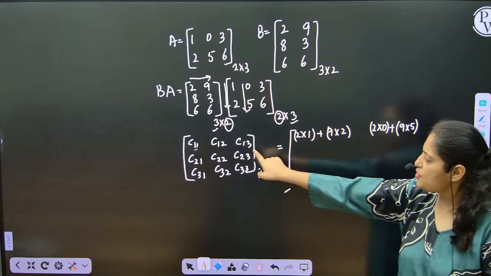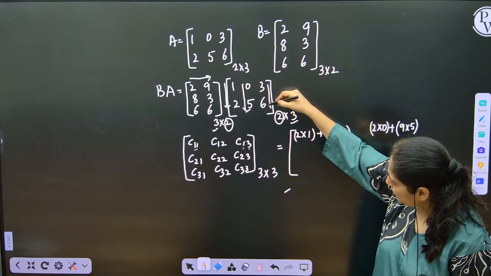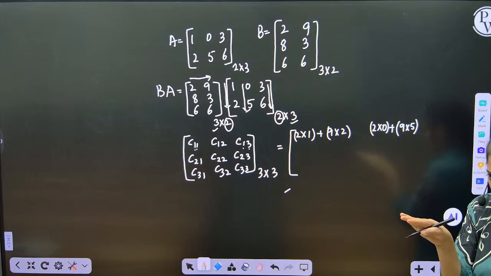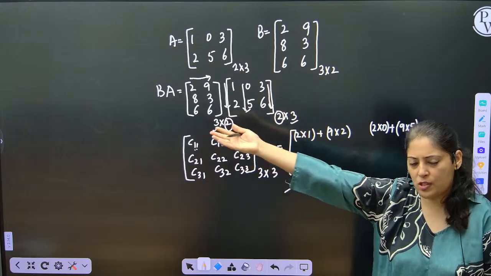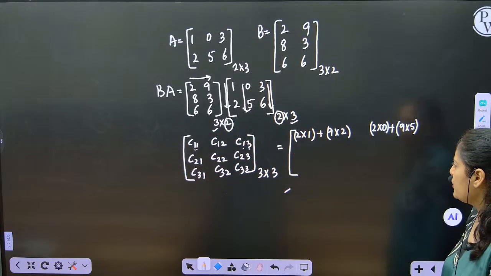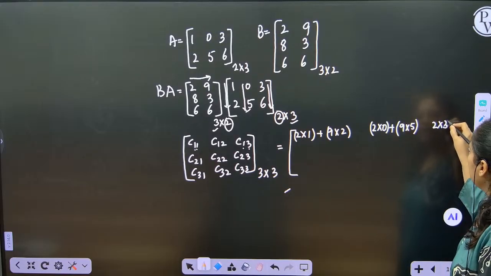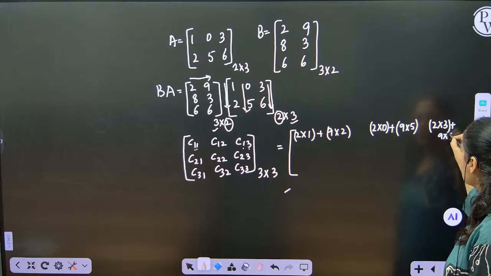Now first row will be multiplied with third column. First we have to deal with all the first rows, and then we'll proceed: first column, second column, third column. If a fourth column is also there, you can have it likewise. So 2 into 3 plus 9 into 6.